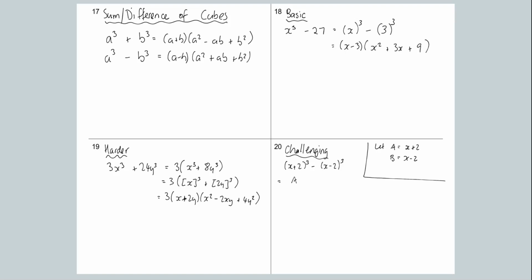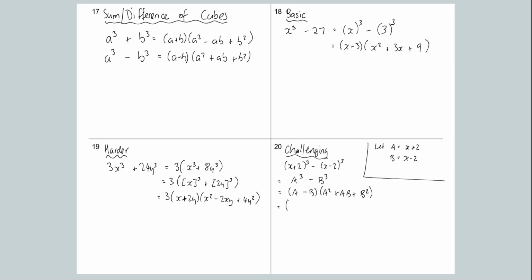So this now equals a cubed minus b cubed, and I can go straight for it. A minus b, a squared plus ab plus b squared. Now I'll substitute back in. So the substitution step allows me to just concentrate on the rule to start with.